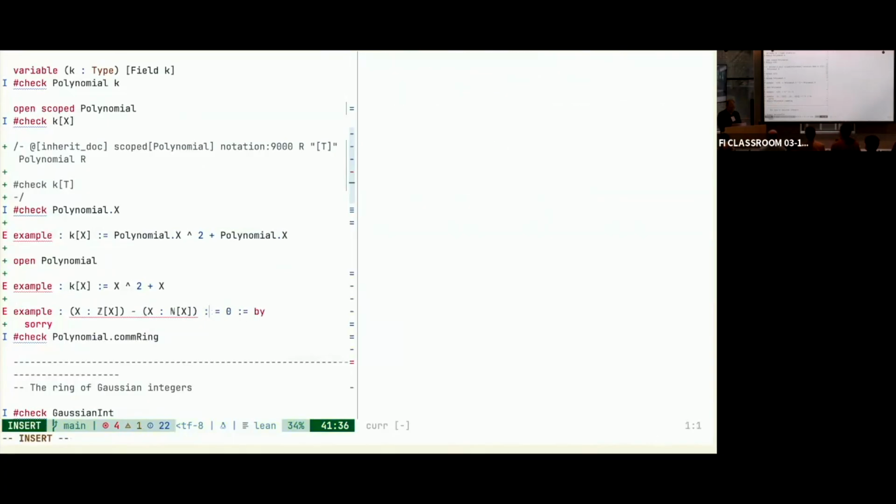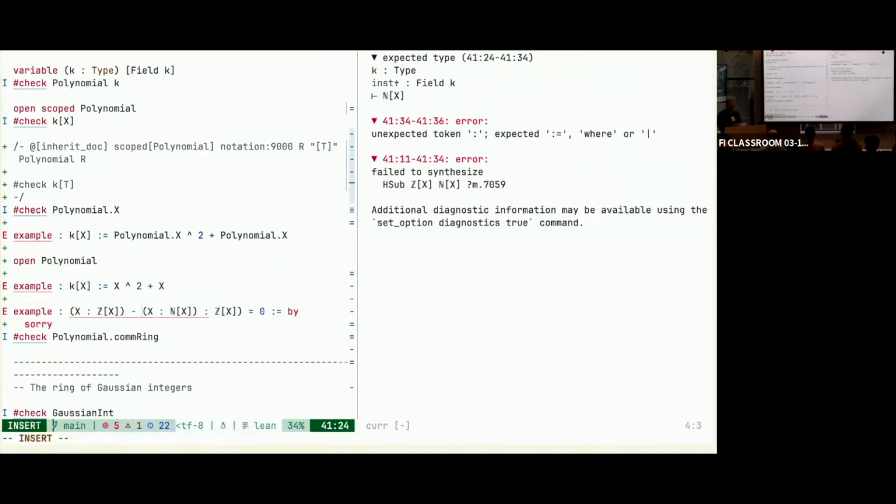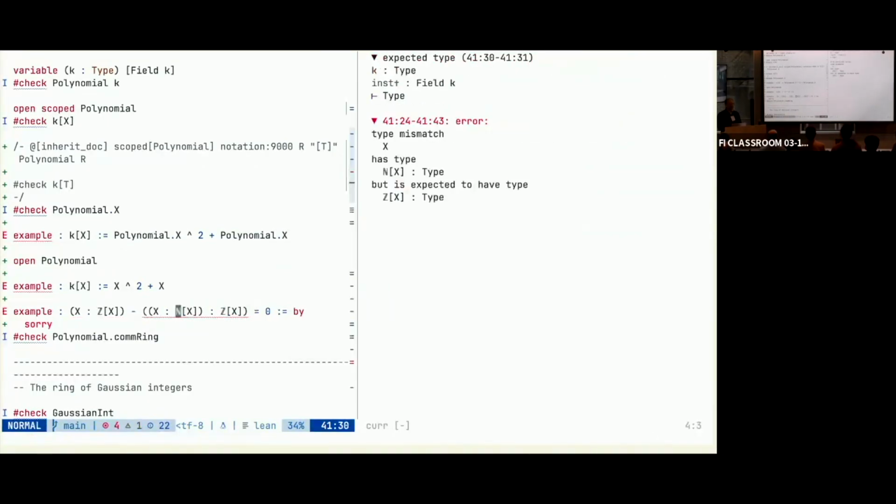Probably that means that there is no way in Lean that if I have a polynomial with natural number coefficients, I can view it as a polynomial with integer coefficients. We should have that query. If somebody could keep a note.